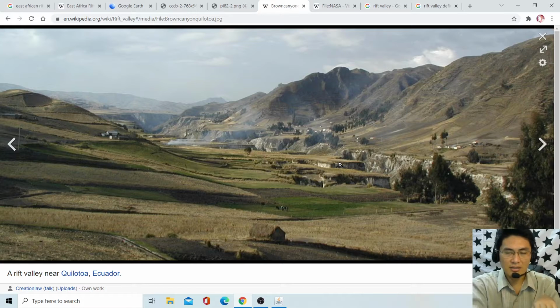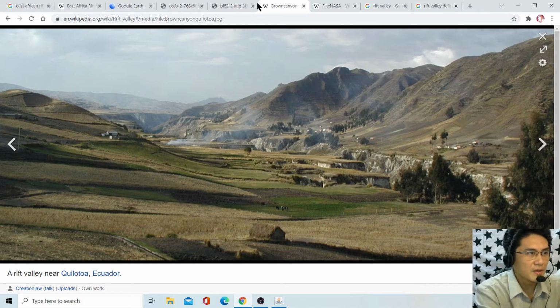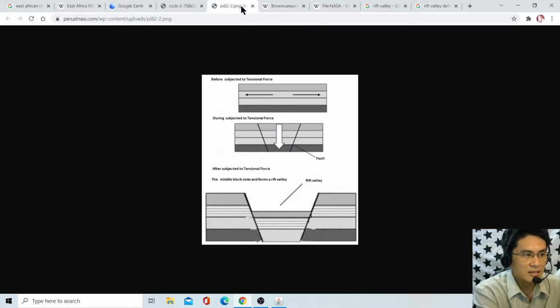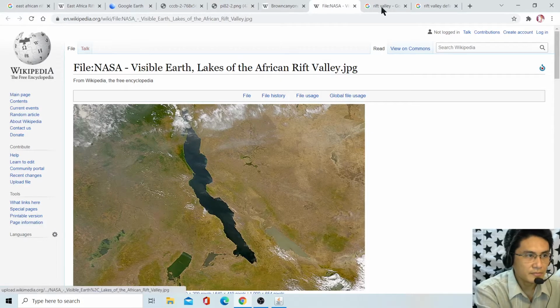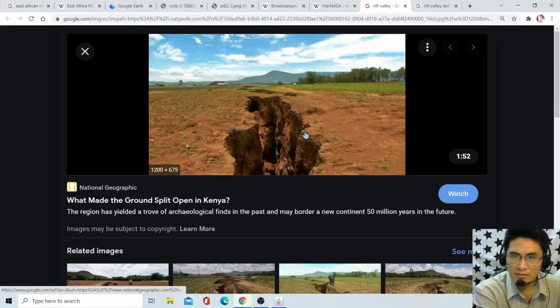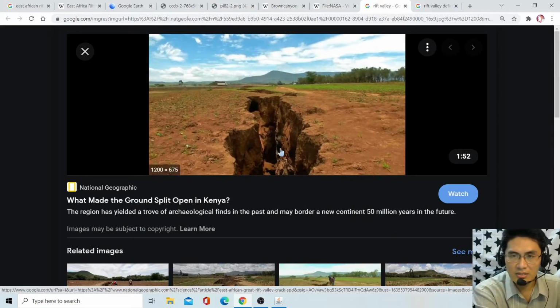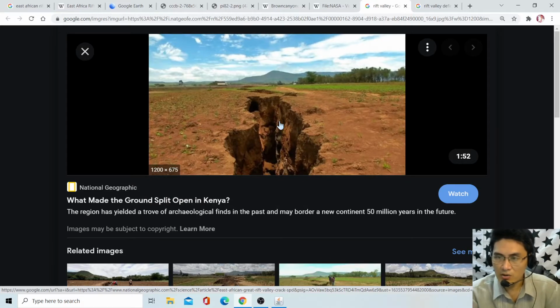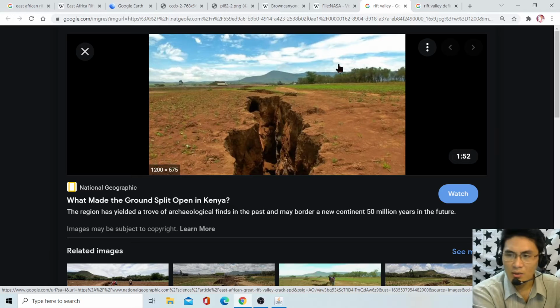There's a crack in the ground, causing a lower depression at the middle, and then you have these structures at the sides because of the depression. Okay, so you can even see that in here. This is in Kenya, so you see the ground really has a crack in the middle, right? And why is this?